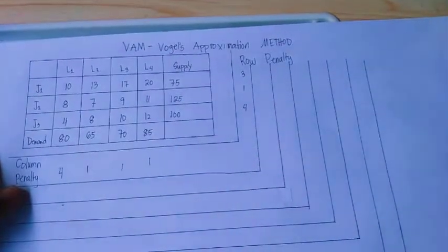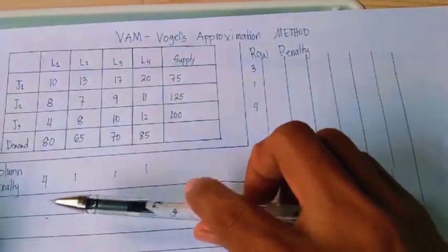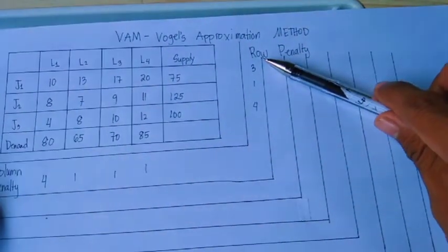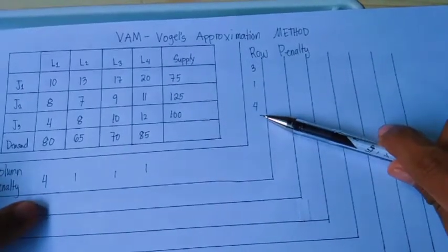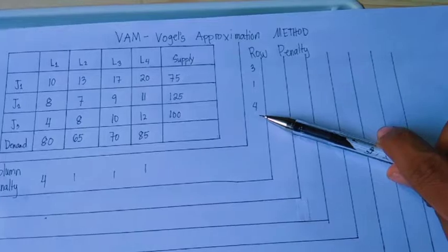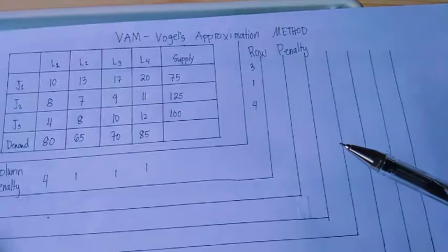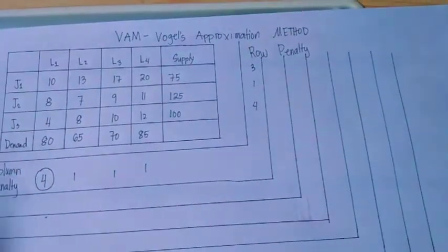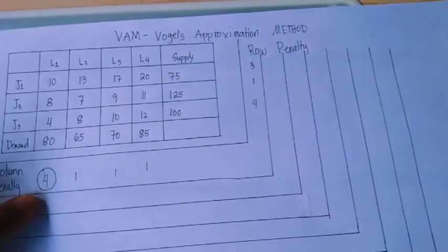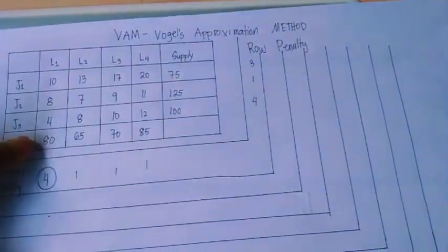So what we will do here, we will find the greatest penalty in the row or column penalty. Since there are two 4s, the highest penalty is 4 and there are two of them, so we have to choose one. I choose this, so we're going to encircle it. Since we chose this, we start at the least element in this row.